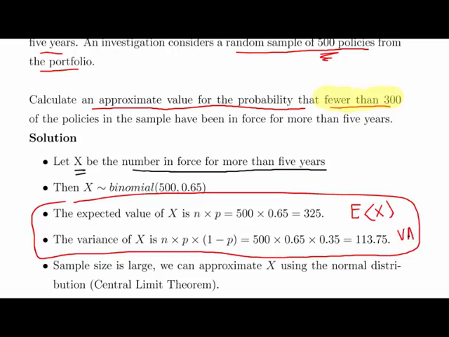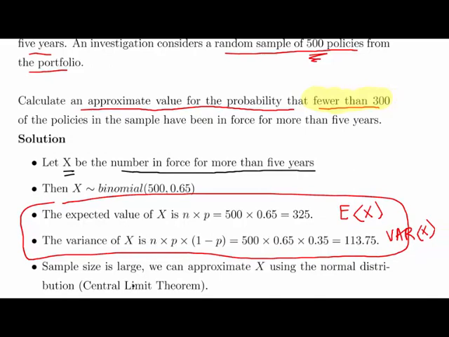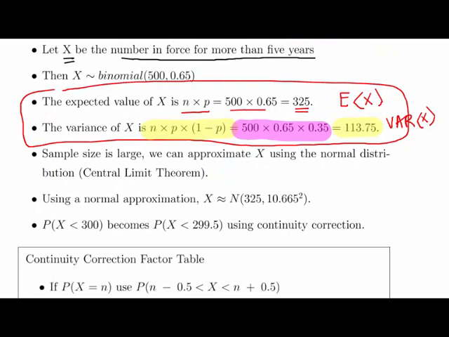The mean is n times p, which is 500 times 0.65, which gives us 325, our expected value of X. And the variance is n times p times 1 minus p, which is 500 times 0.65 times 0.35. That gives us a value of 113.75.